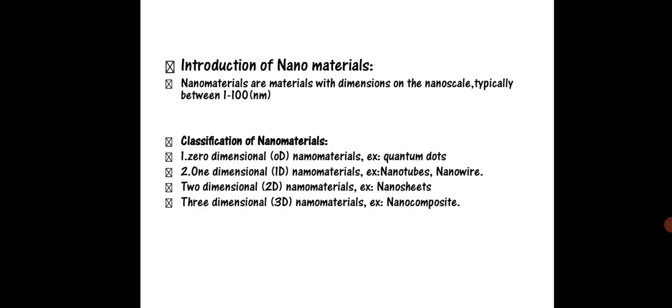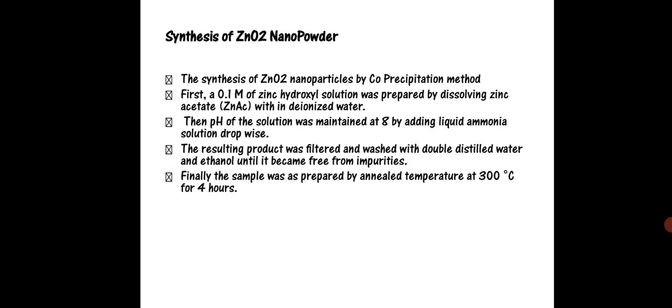The synthesis of zinc oxide nanopowders. The synthesis of zinc oxide nanoparticles by the co-precipitation method. First, 0.1 mole of zinc hydroxide solution was prepared by dissolving zinc acetate in deionized water.